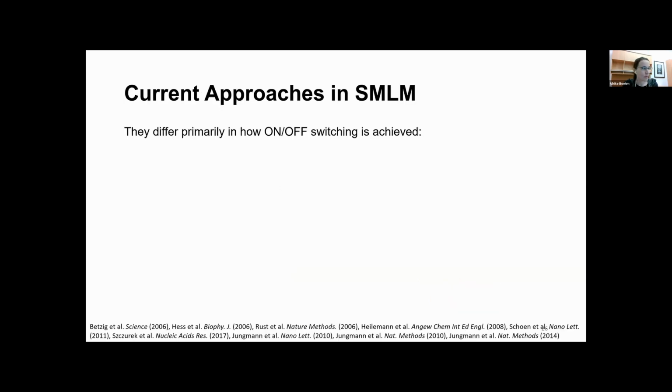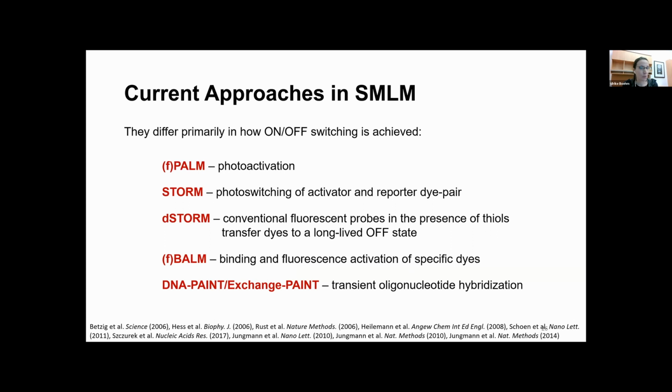Current approaches for the realization of single molecule localization microscopy are displayed here. They all have quite fancy acronyms, but in principle they do the same. Well, I wouldn't say exactly the same, I don't want anyone from the community to jump at me, but the underlying principle is the same. You try to make sure that only a subset of fluorophores is active, in order to localize quite precisely where the signal came from.